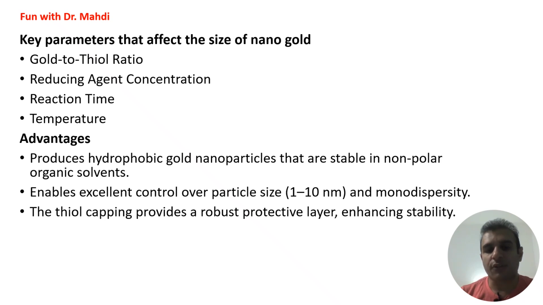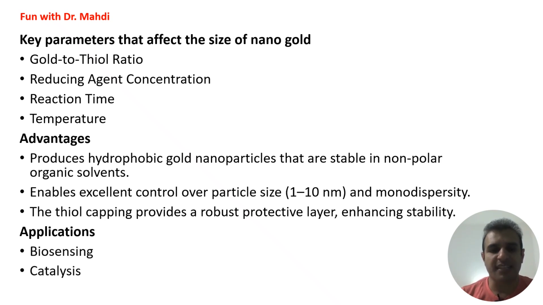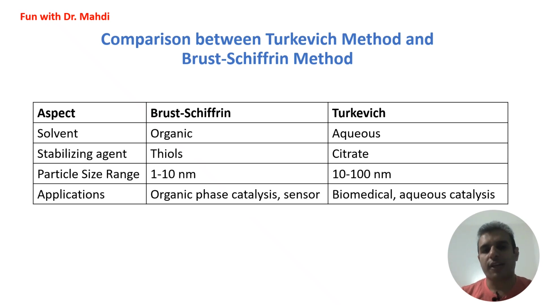As we use a thiol ligand on the surface of the nanoparticles, it will increase the stability of nanogold. About the applications, we can use it for biosensing, catalysis, and also biomedical.